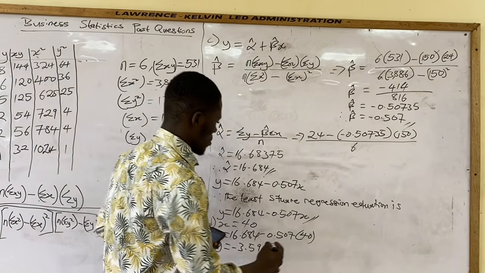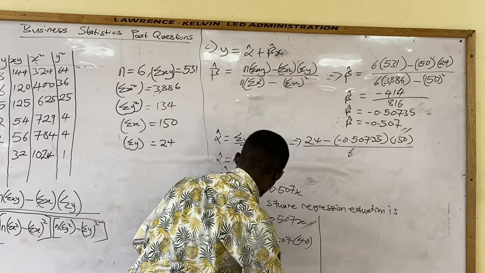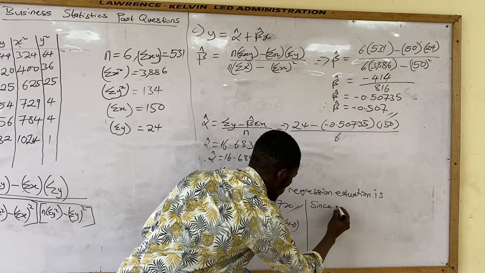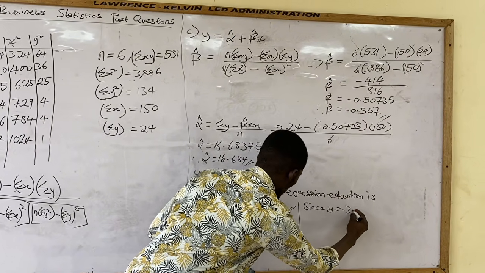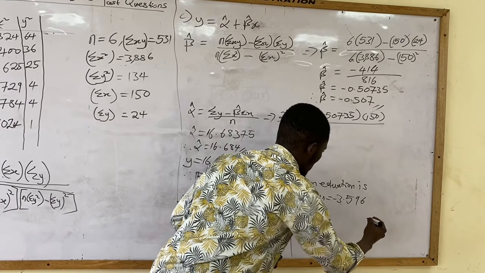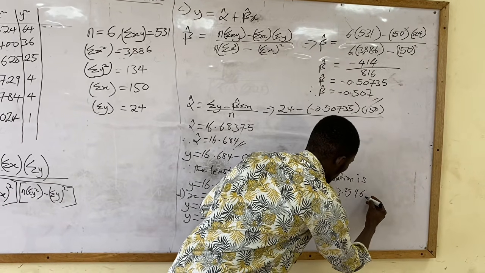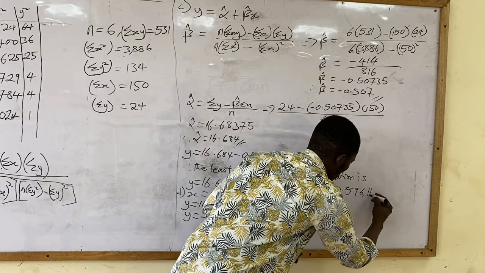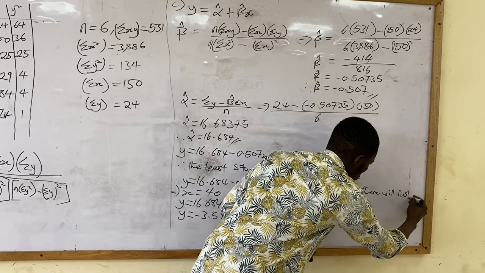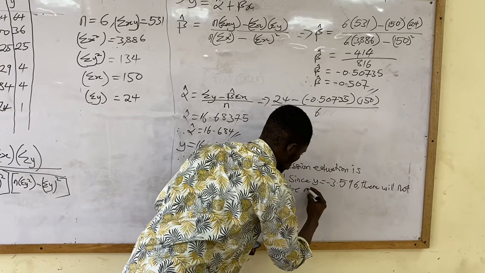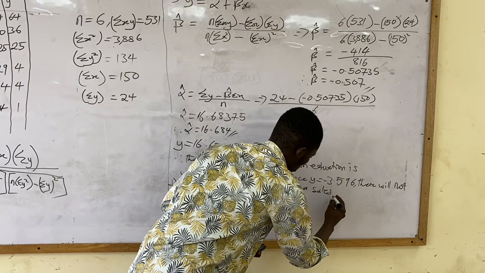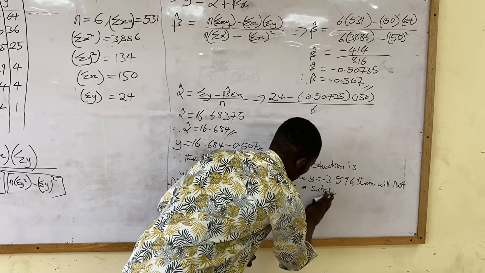Now we will conclude that since y equals negative 3.596, there will not be any sales, because of the negative.